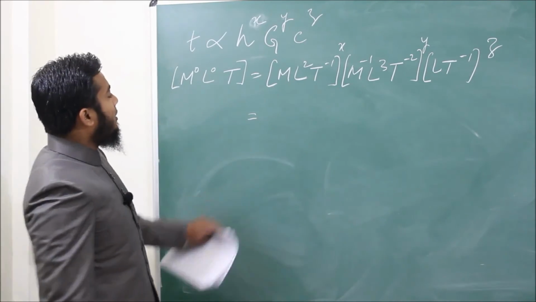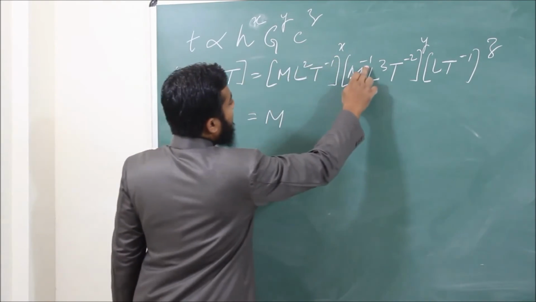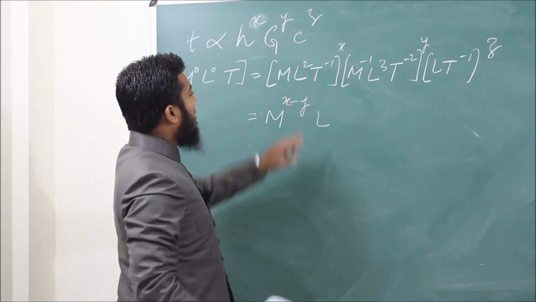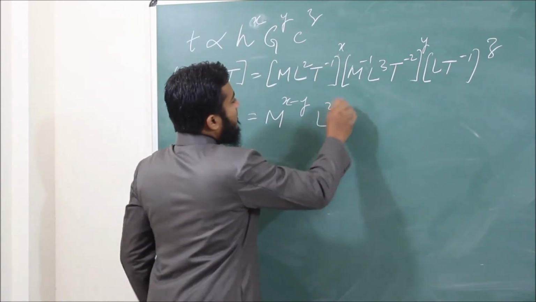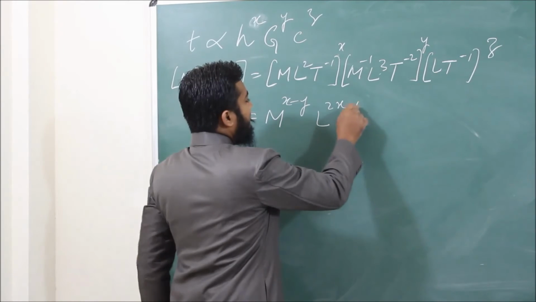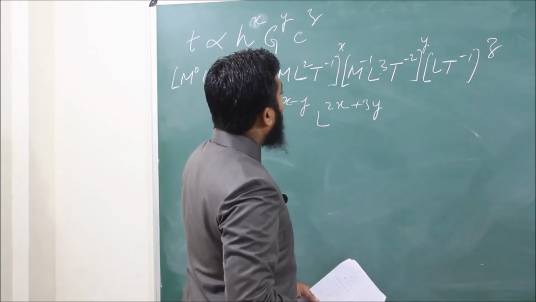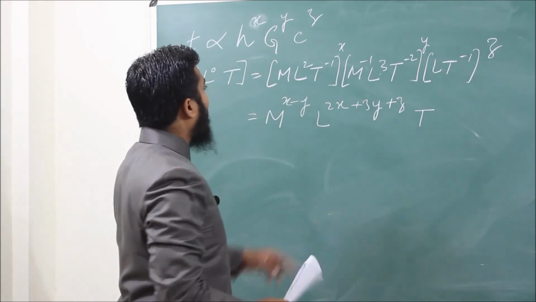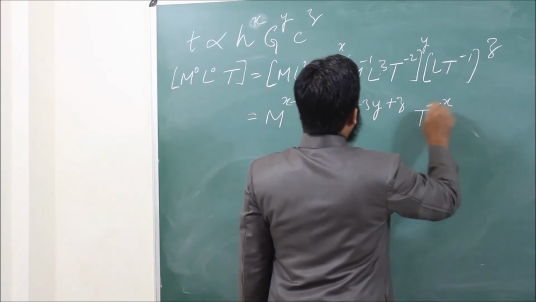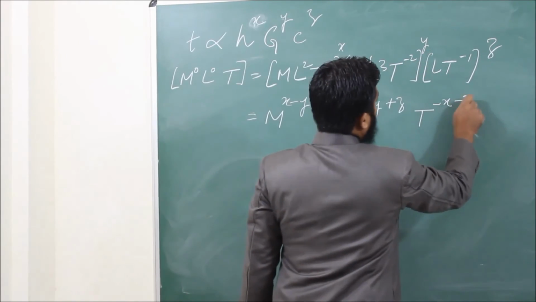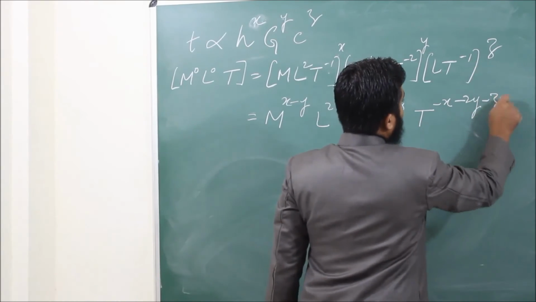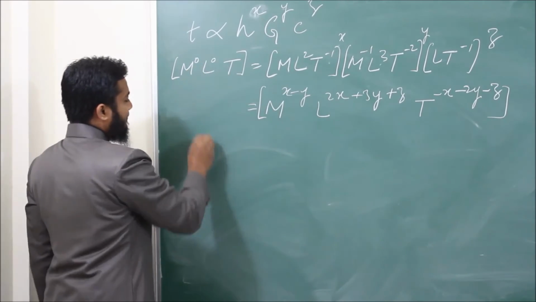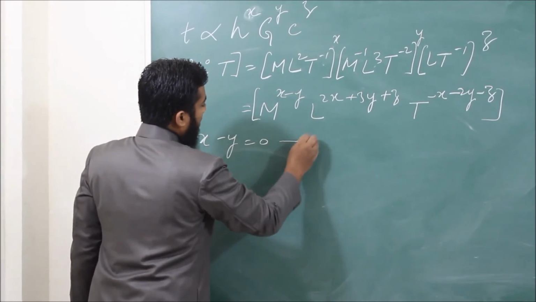Now collect the powers. Total power for M is X minus Y. Then for L, total power is 2X plus 3Y plus Z. And T will have total power minus X, minus 2Y, minus Z. So X minus Y will be 0, equation 1.